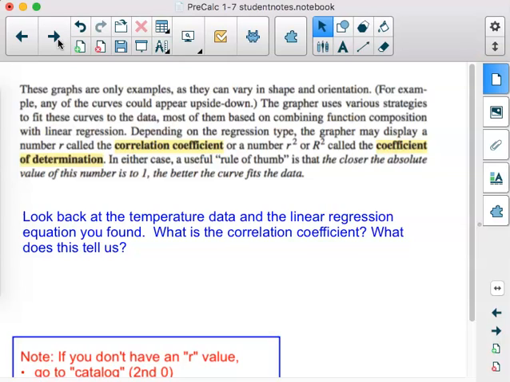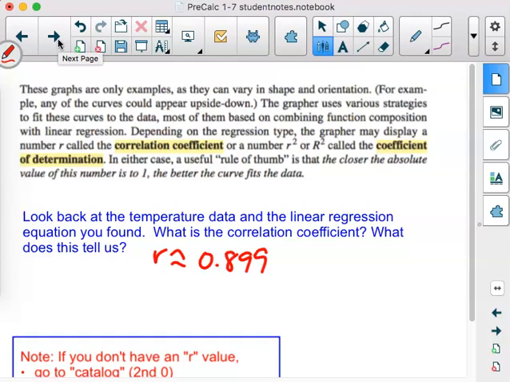So look back at the temperature data and the linear regression equation that we found. What is that correlation coefficient? Well, R was approximately 0.899, which, rounding to the nearest tenth, would be 0.9.